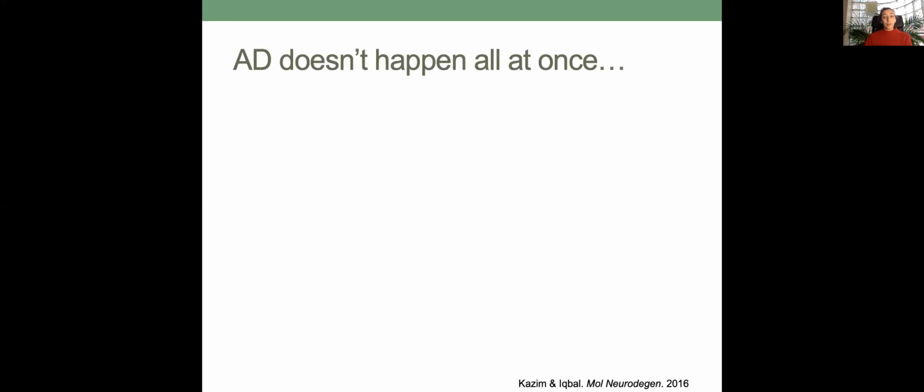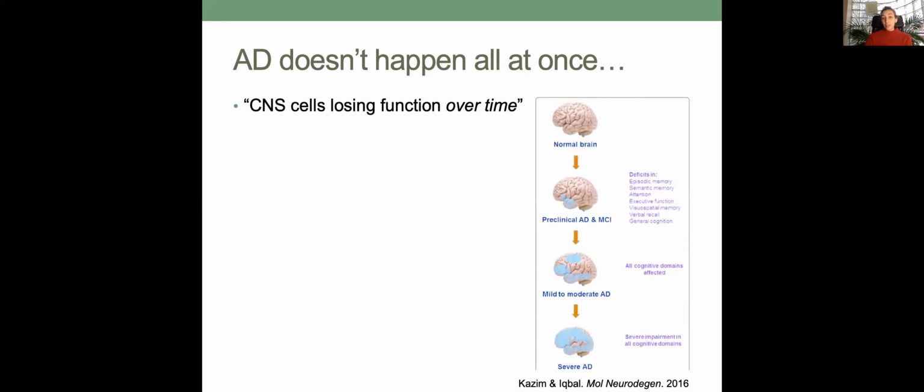Zooming out a bit, I want you to recall the definition of neurodegeneration that I gave you as CNS cells losing function over time. These proteins accumulate, which means that it doesn't happen all at once. This schematic here shows a little bit of the macro view of the progression we see from healthy all the way to severe Alzheimer's.